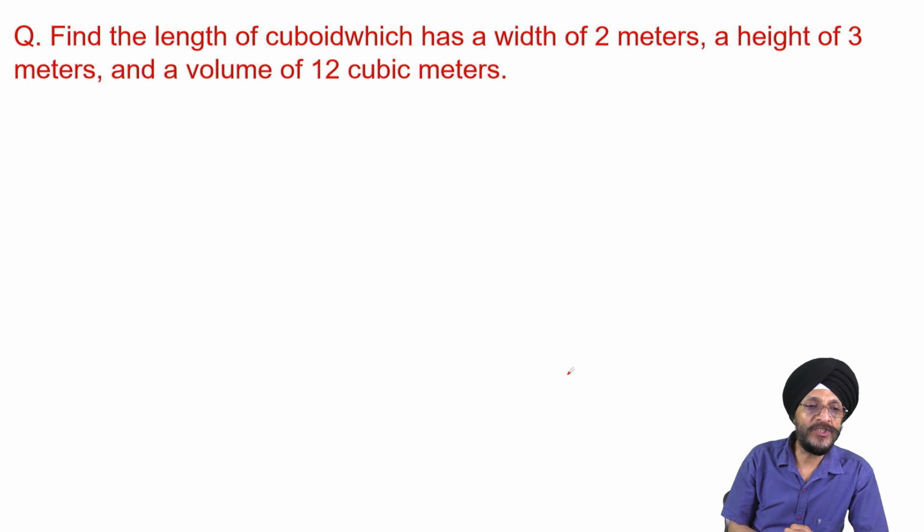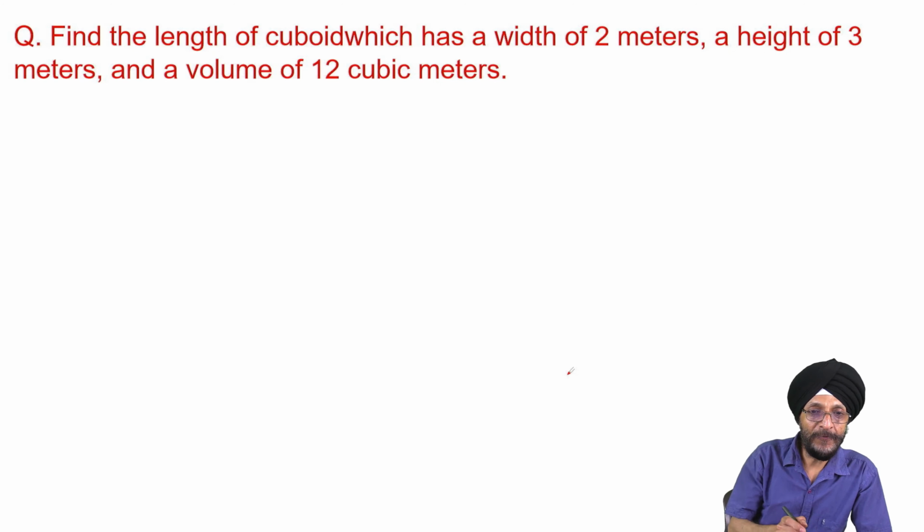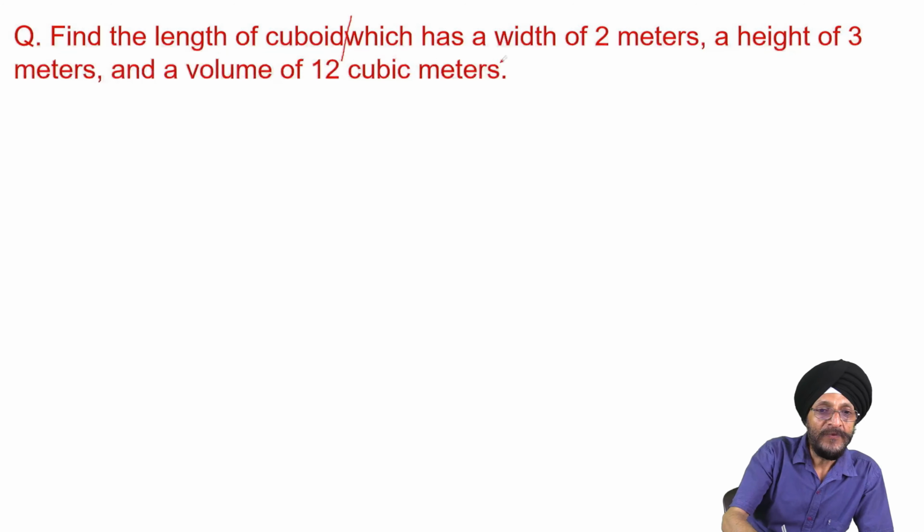Now the second question before us is: find the length of a cuboid which has a width of 2 meters, a height of 3 meters and a volume of 12 cubic meters. So here we have to find the answer.